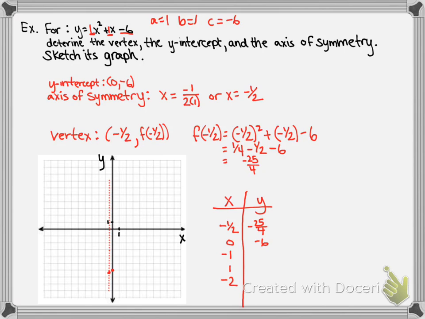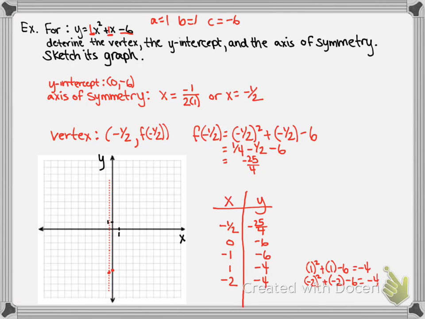When I plug that into the equation, I get negative 6. And from 0, one more unit greater is 1. Plugging that in, I get negative 4, since 1 squared plus 1 minus 6 gives me negative 4. And then 1 unit less than negative 1 is negative 2. Negative 2 squared plus negative 2 minus 6 also gives me negative 4.